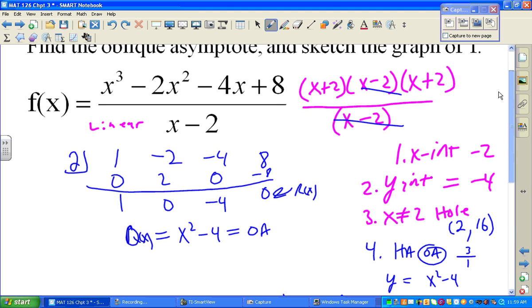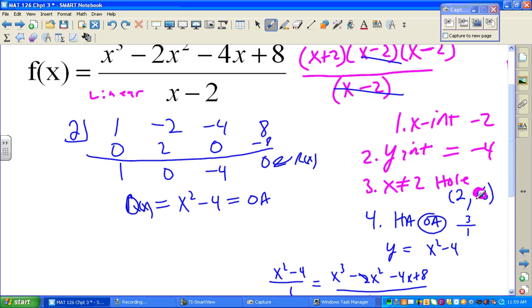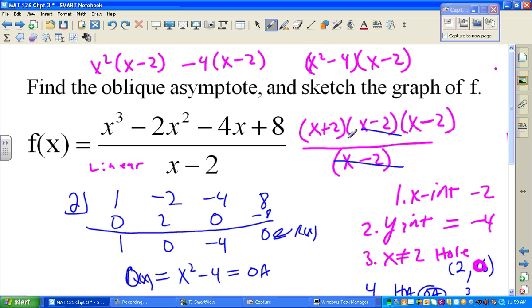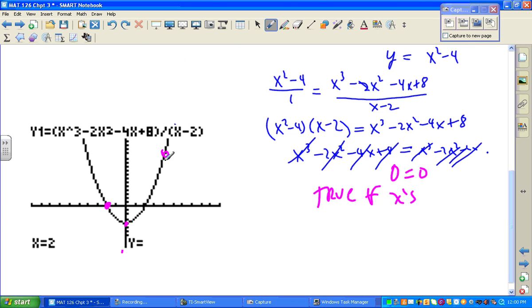What is going on? X squared minus 4. If I put 2 in there, I get 0. Oh, it's my factor. There's another x minus 2 right here. Yeah, I hear you now. See, that's why you double check it with the graph. Hole's at 2, 0. If you cross it off, you still have an extra one. Got it. Phew! Thank goodness. All right, so there's a hole in the graph right there.